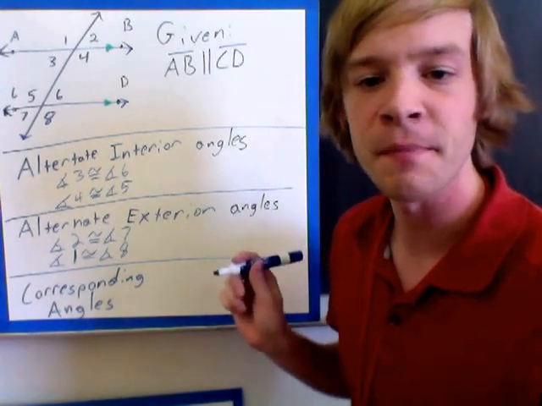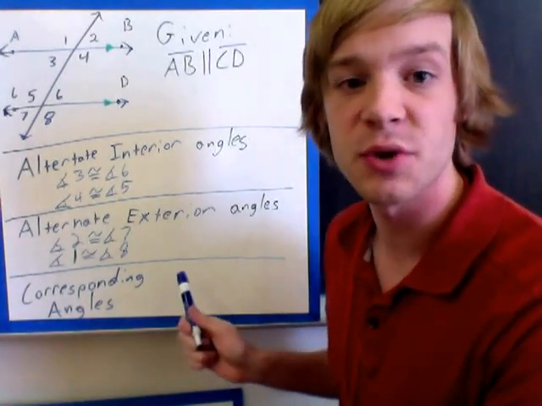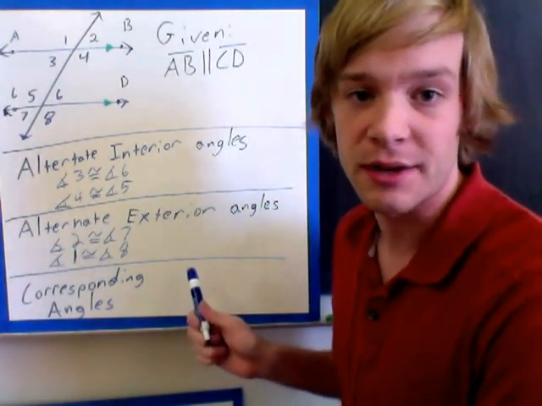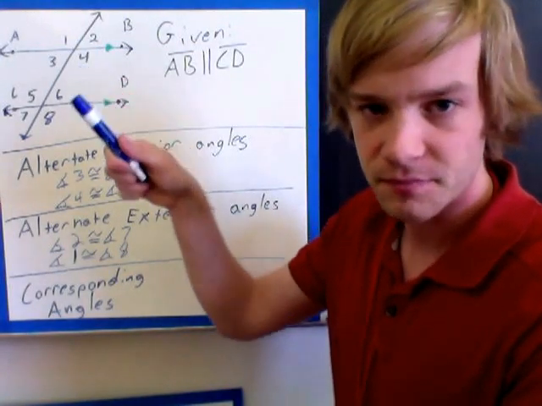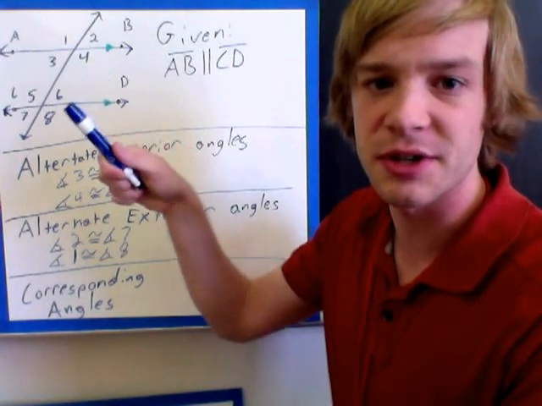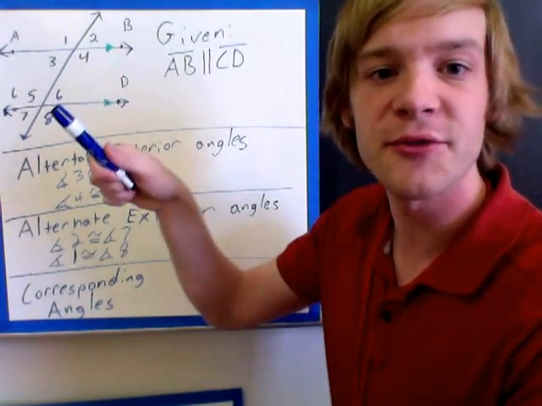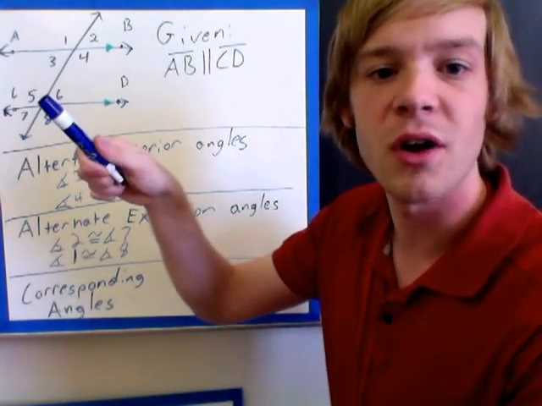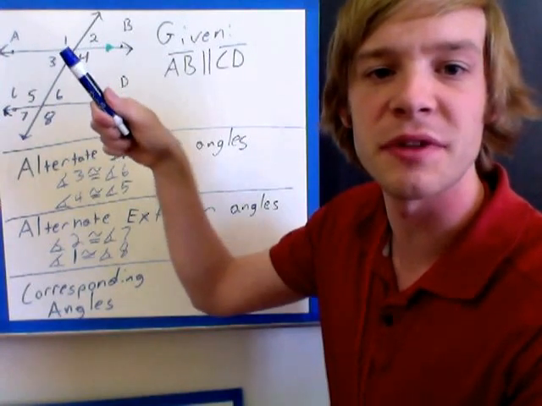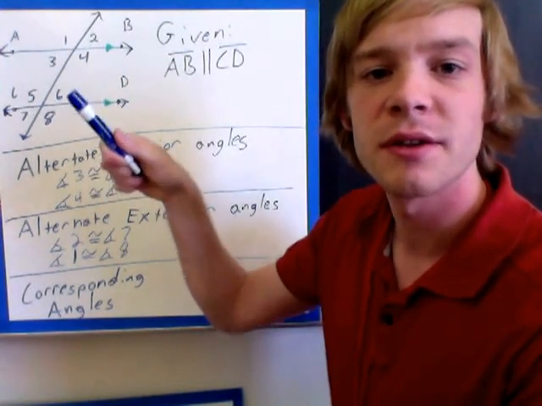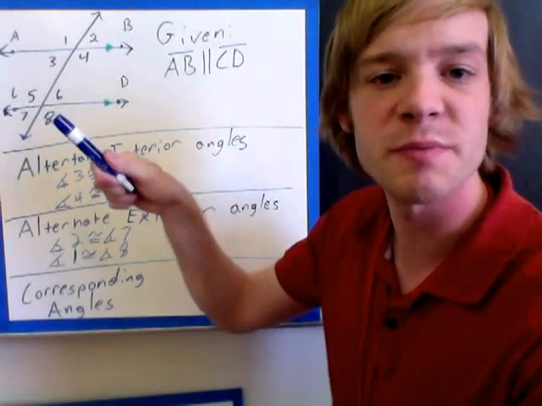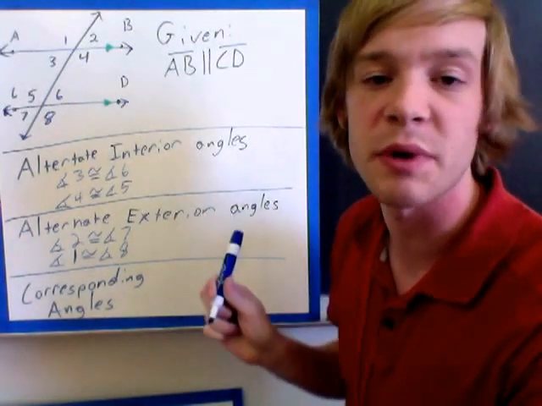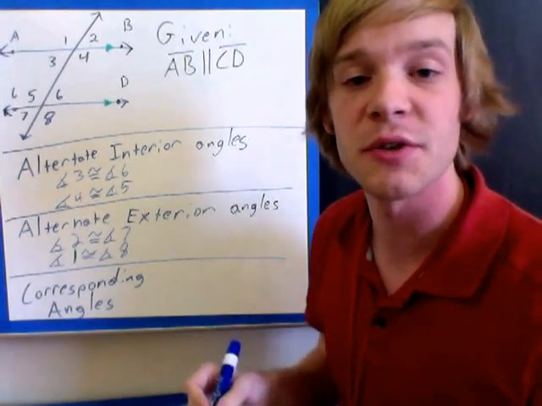The last rule we have here is corresponding angles, and corresponding angles basically means they're in the same position at the two different intersections. So for instance, 1 and 5 are corresponding angles because they're both in the upper left corner. 2 and 6 are corresponding, 4 and 8 are corresponding, and then 3 and 7 are corresponding. So there's four things that we can get from this one rule.